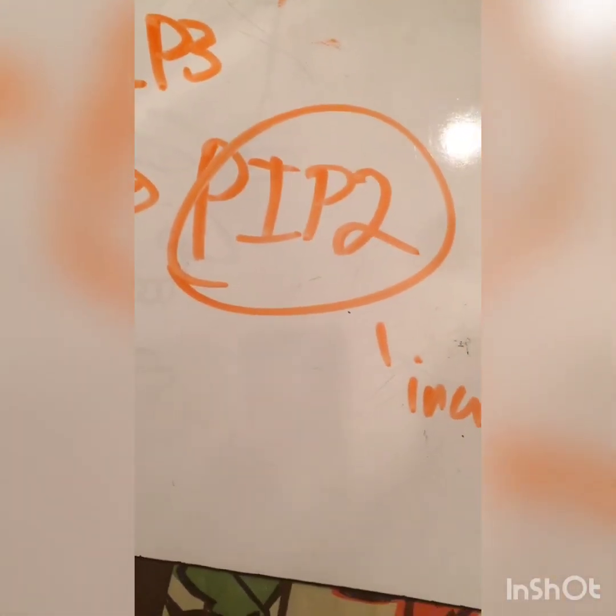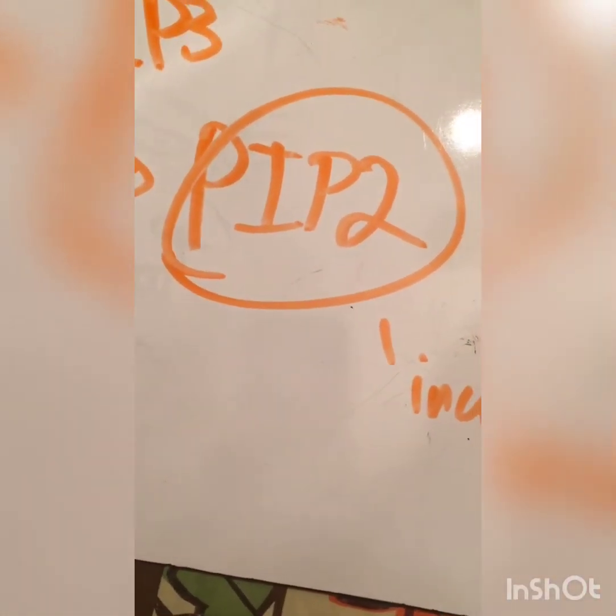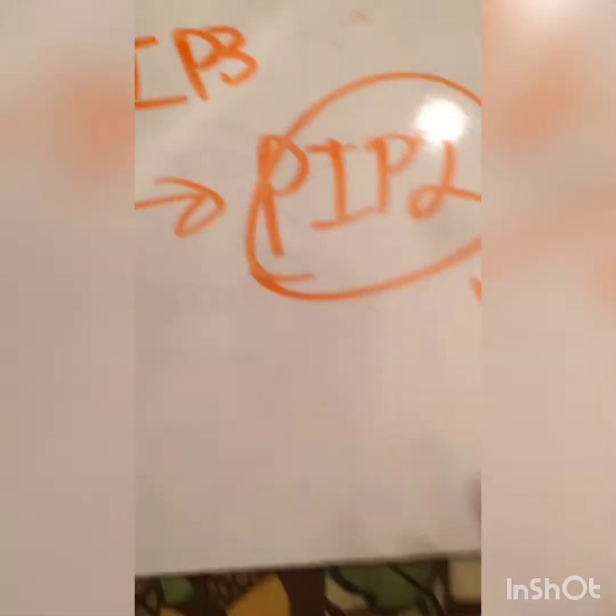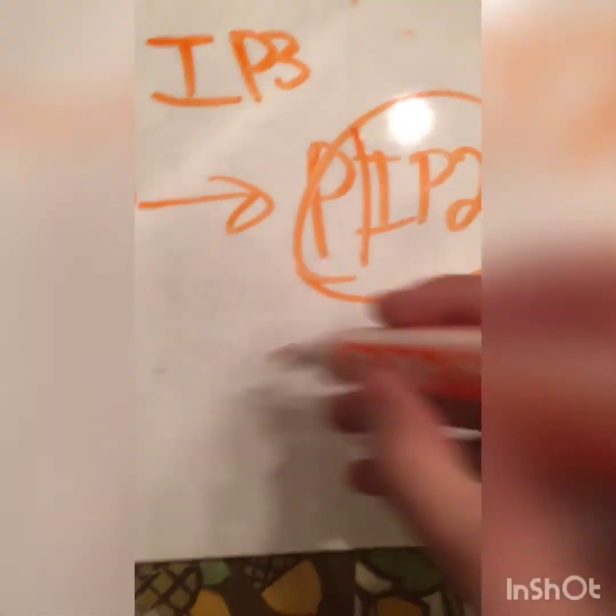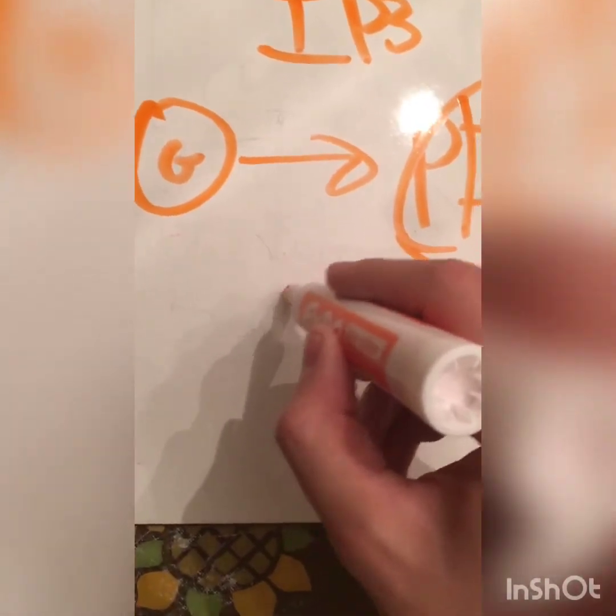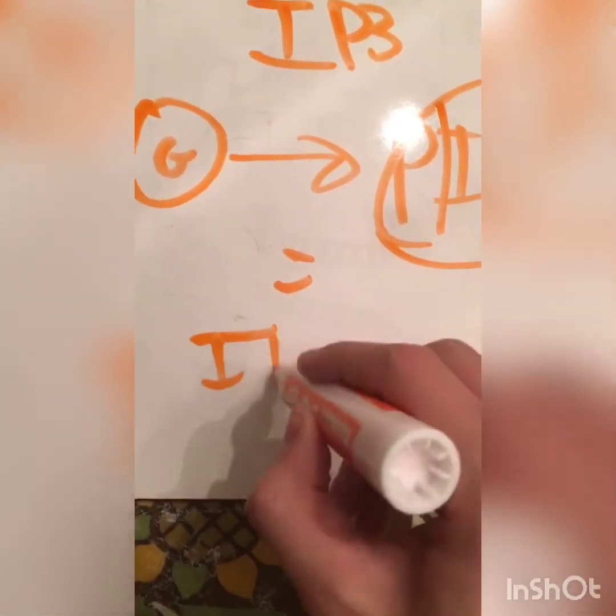And once this G protein connects to PIP2, it will break this bond between the I and the P and turn it into IP3.